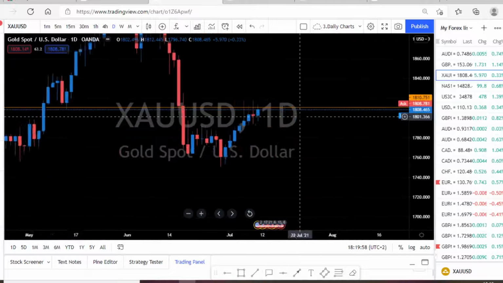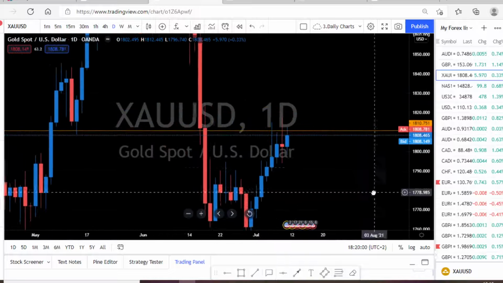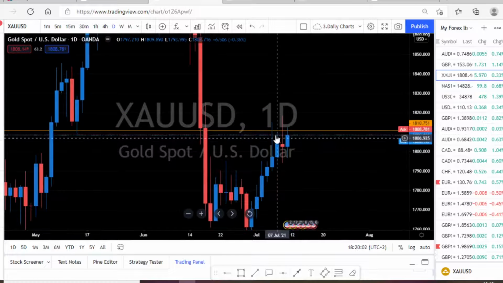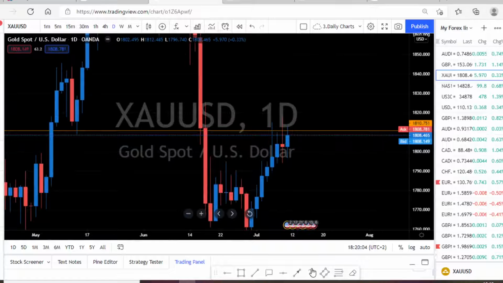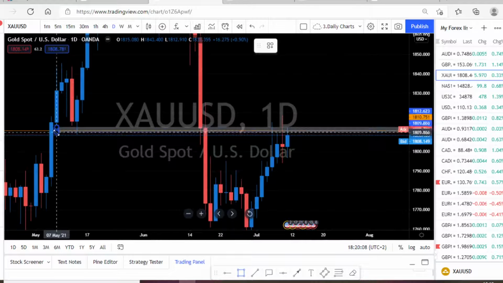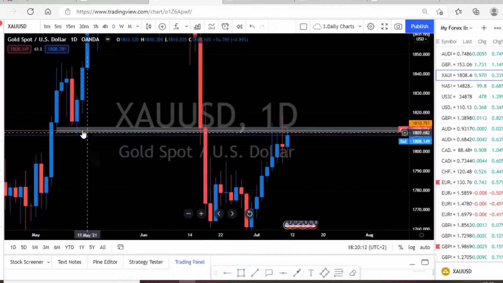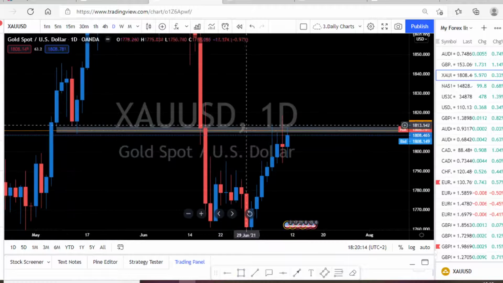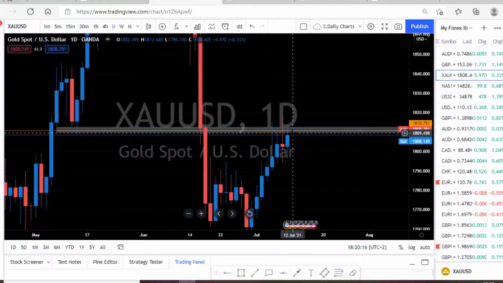Then this area is acting as a resistance at this point, because you can see the fake outs here. What we want to see tomorrow, because we have a test again here, is price opening and closing above this area, but we are going to trade that reaction.